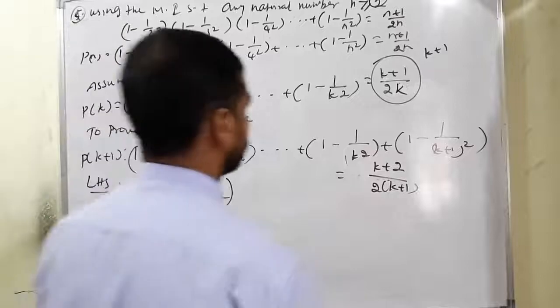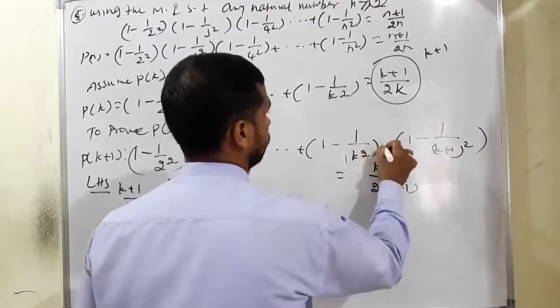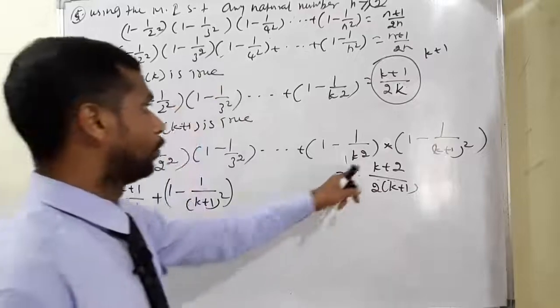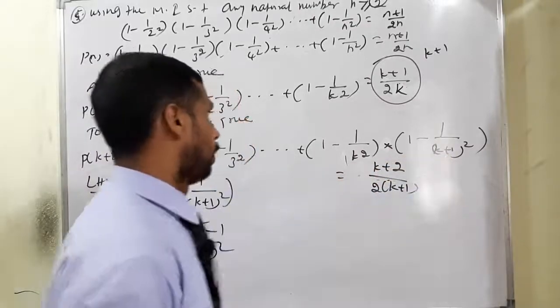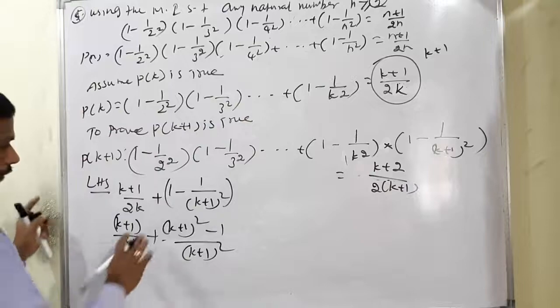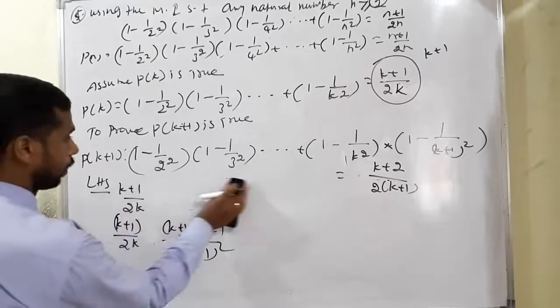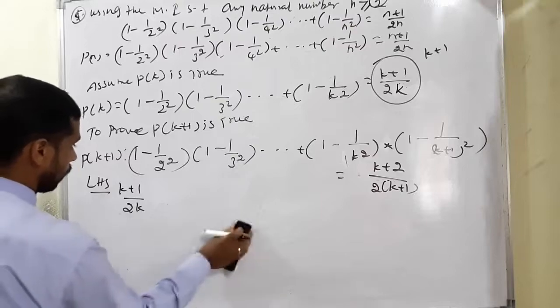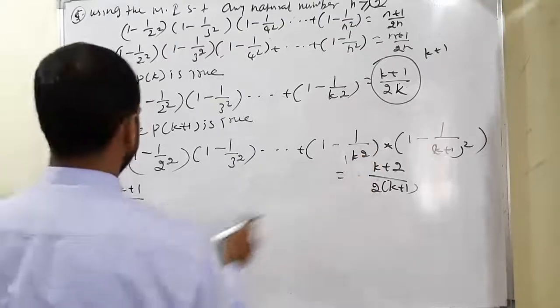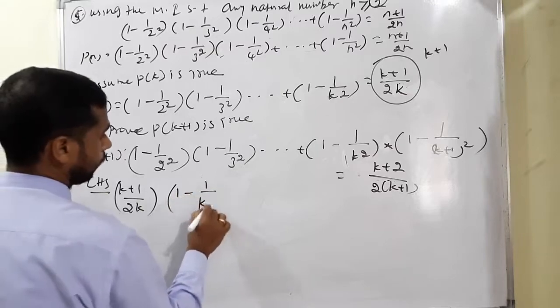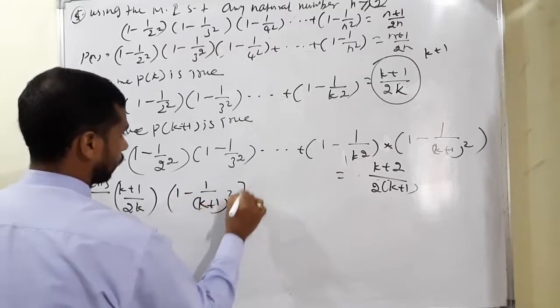Sorry my dear, this is actually a product condition. Product means each and every bracket is a product term, no? So look at there, 1 minus 1/(k+1)² is the product term.